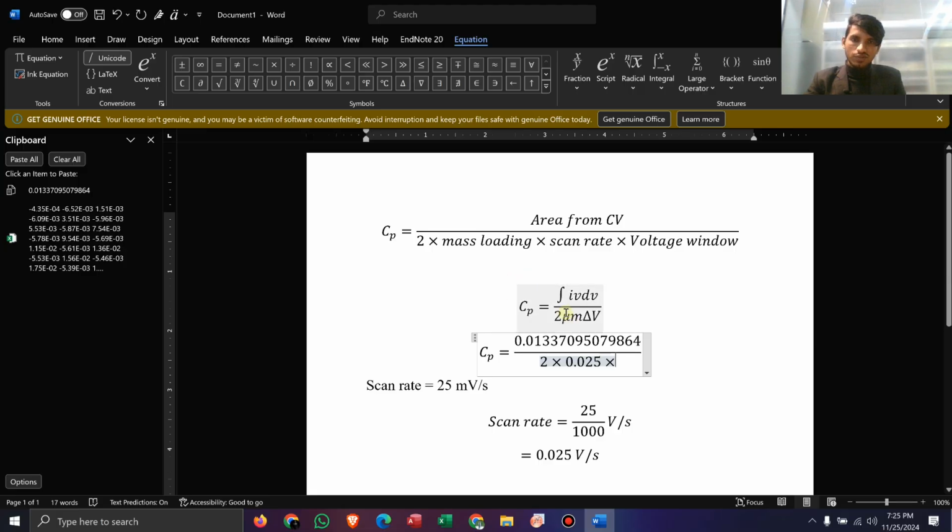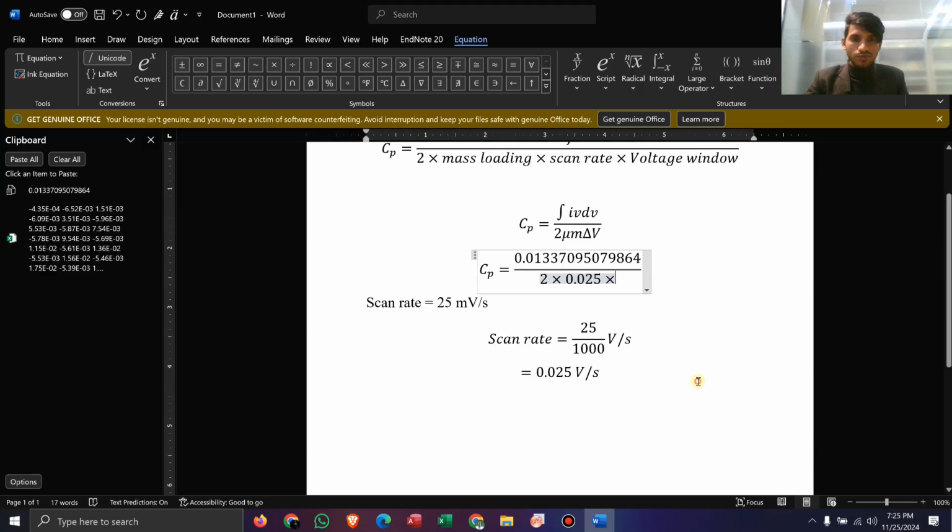The next thing we have is the mass loading. So mu was the scan rate and m is the mass loading. What is the mass loading? The mass loading is the amount of the material that you have deposited on the nickel foam while performing the CV. For my material, the amount that I deposited on the nickel foam for testing was 2 milligram. Again, it is in milligram, so you have to convert it into gram.